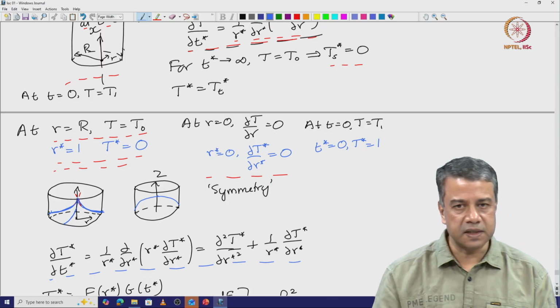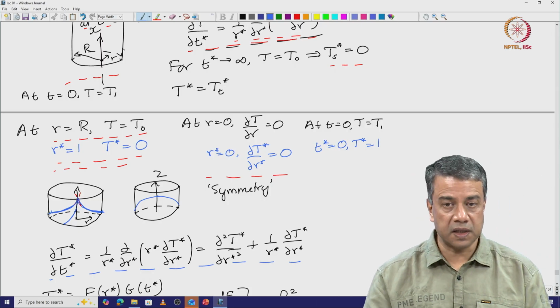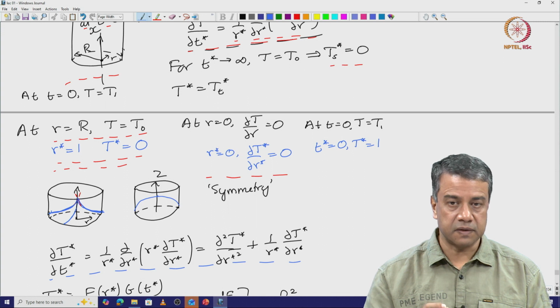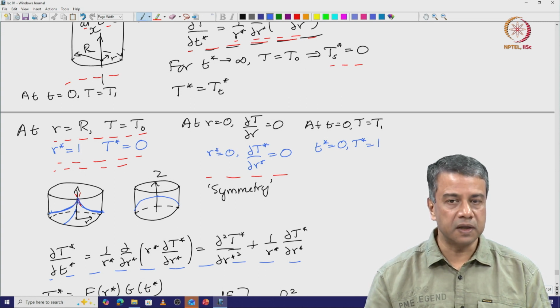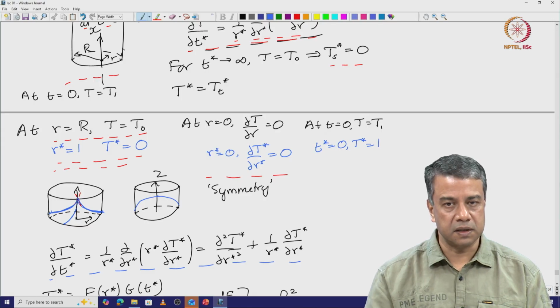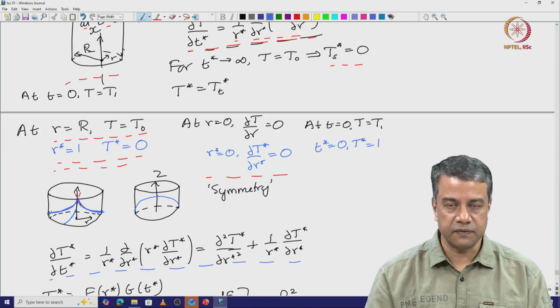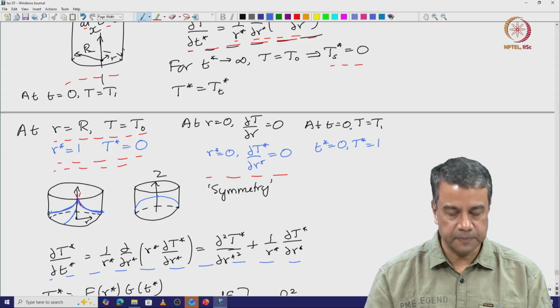Because the system is axisymmetric, the gradient will be along the radial direction for an axisymmetric temperature field.